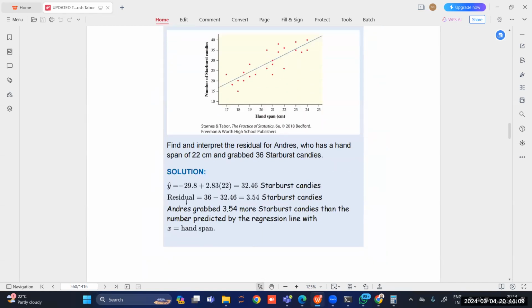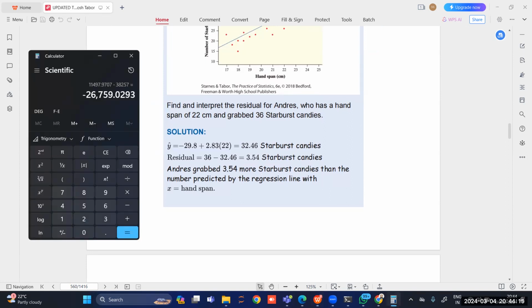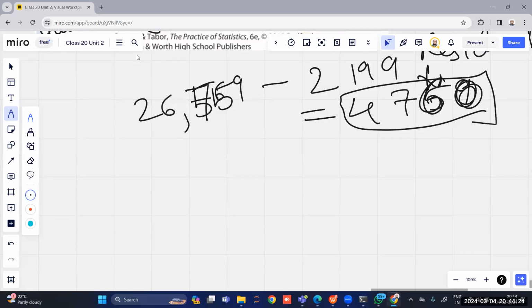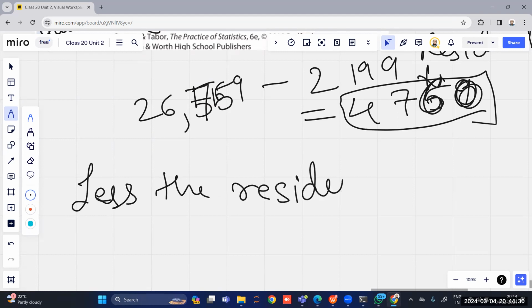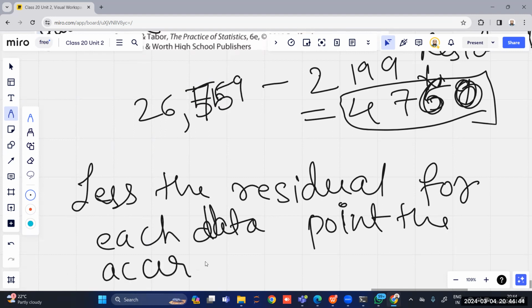Now what he has done, he has calculated the residuals. You can do this example. The less the residual, remember this, the less the residual for each data point, the more accurate will be our prediction.